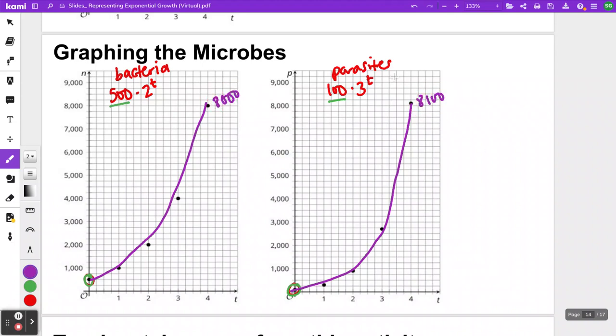So we're seeing this one here grows more quickly. There's a reason for that, and it is because of the growth factor. If you're multiplying something by 3, it's going to grow more quickly than something that's multiplying by 2.